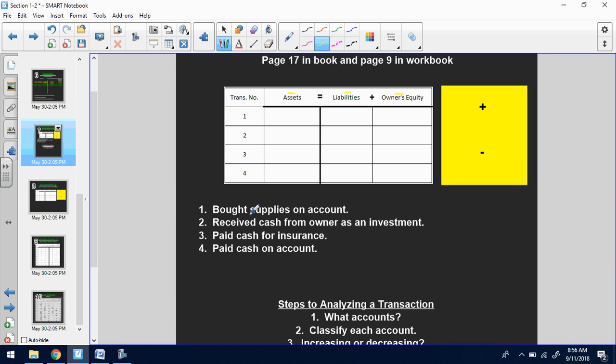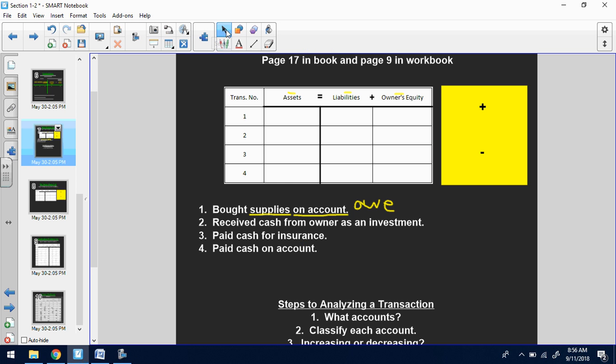So what you want to do is go through and highlight or underline what's being affected. So basically, supplies on account. I'm buying supplies and I'm buying them on account, which means I'm not paying any money right now. I'm going to pay later, which means I owe money. And we should know by now that owing means liabilities.